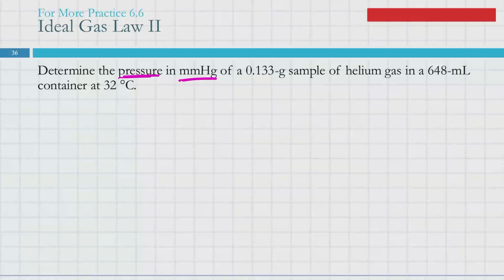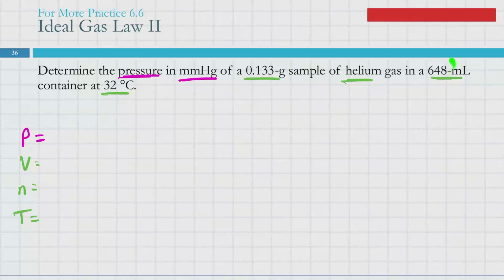This is about as much work as you can get into one problem. So we're finding pressure. That means that we have to have our other variables, V, N, and T. Of course, they were given to us in not the most helpful units.